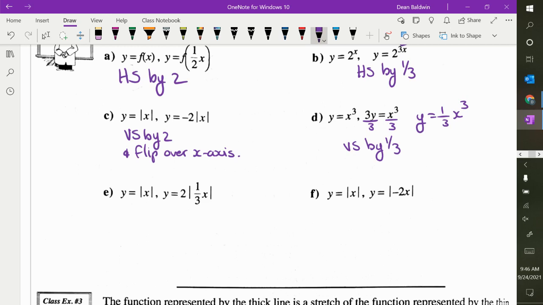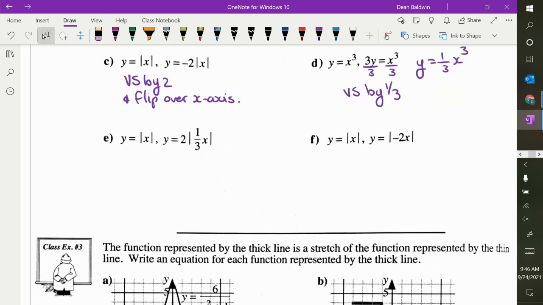E. What have we done? There's 2 things we've done. Okay, so A is equal to 2, which means we do a vertical stretch by 2. B value is a third, which means we did a horizontal stretch by 3. And then the final one, well, it's not the final one, final for this question.